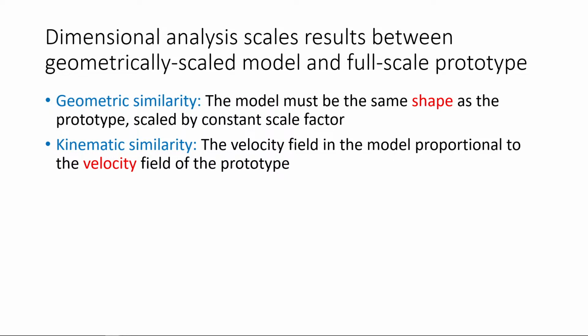By the way, not all forces need to scale one to one. What is more important is not the magnitude of the force, but the relative importance of different forces like viscous forces and inertial forces. The relative importance of these forces needs to scale between your model and your prototype.